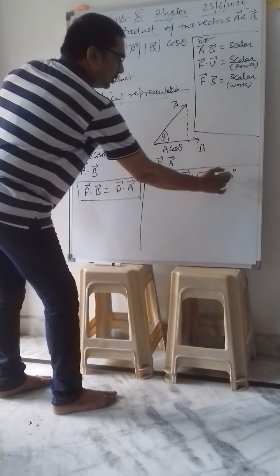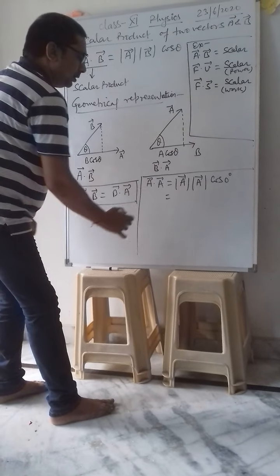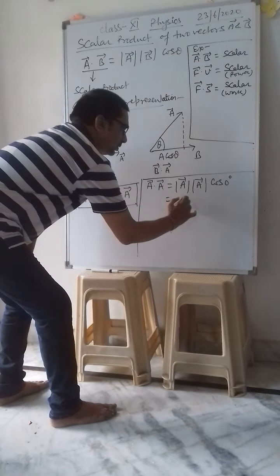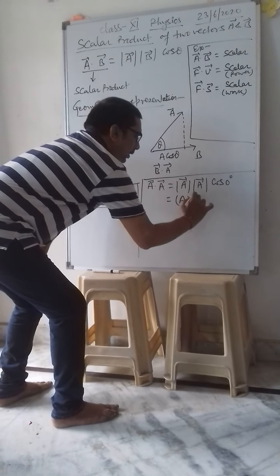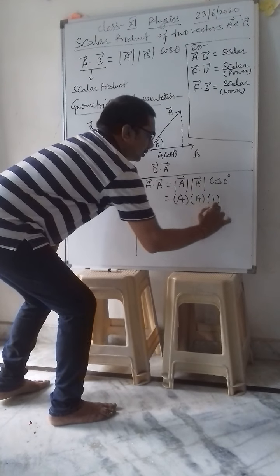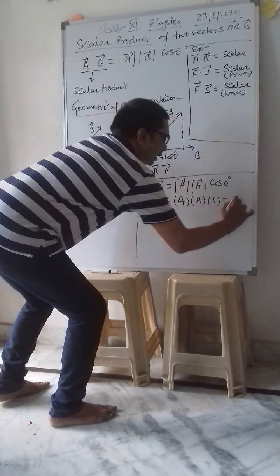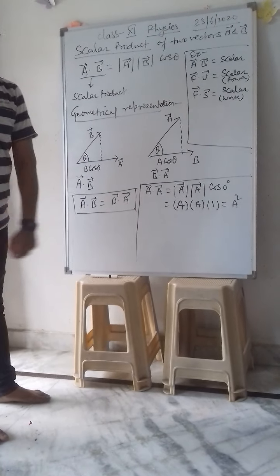So cos 0 is equal to 1, and the mod of both A vectors is the same, A into A into 1. So A into A is equal to A square.